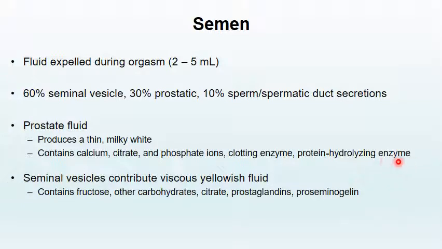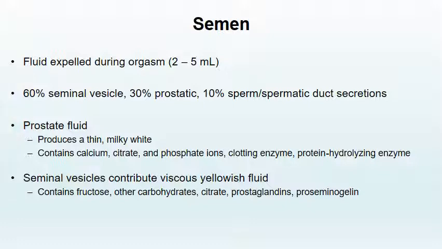And these are primarily what it contains. So it's got calcium, citrate, phosphate ions, a clotting enzyme, and then a protein hydrolyzing enzyme. Seminal vesicle fluid is going to be thicker, so more viscous, and also yellowish. It contains fructose, carbohydrates, and then citrate, prostaglandins, and prostaglandin.